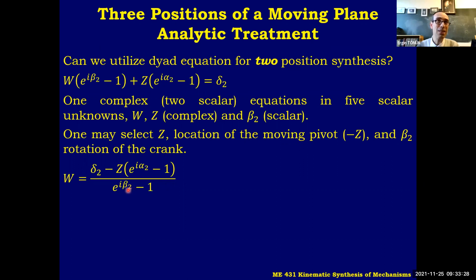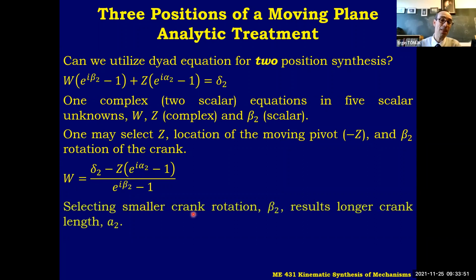We select the crank rotation, say it's 30 degrees, 45 degrees, whatever you like. So by changing Z and also beta 2, this is a real number, remember, we can obtain different cranks. Now, there is one hint. If you select beta 2, a smaller angle, you would obtain a larger A2. Or if you select beta 2 as a larger angle, the crank length would be smaller.